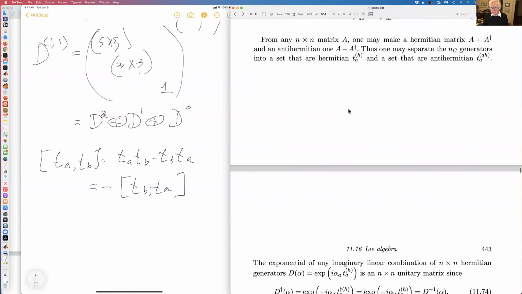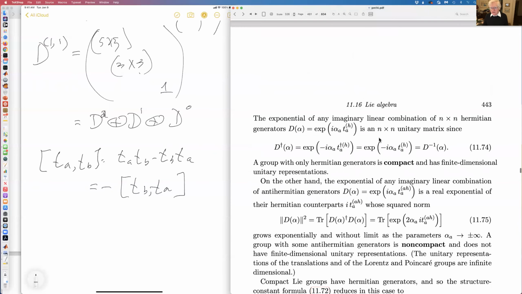Now, if you have any matrix A, you can always make a Hermitian term and an anti-Hermitian term. And so you can separate the generators into ones that are Hermitian and ones that are not. The exponential of any imaginary linear combination of Hermitian generators is a unitary matrix.